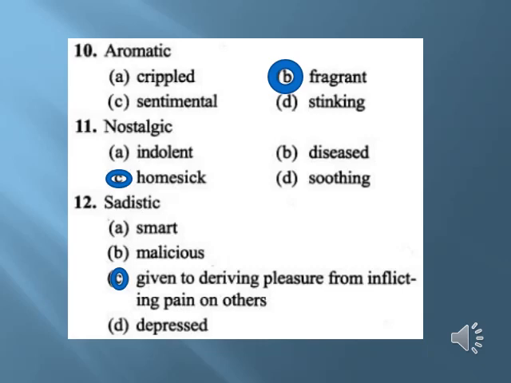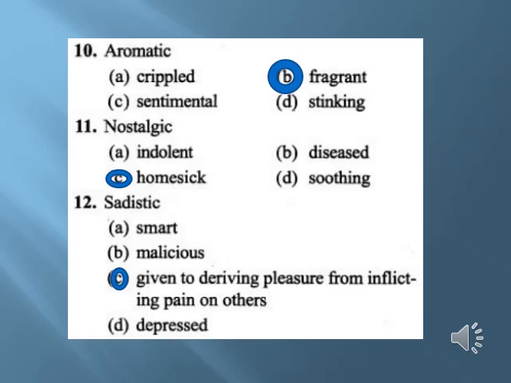And what is the right answer? Homesick, indolent, very lazy, soothing, something very comforting, soothing music. So the right answer, nostalgia. You feel homesick. You remember your old days, past days. So homesick would be the synonymous word.